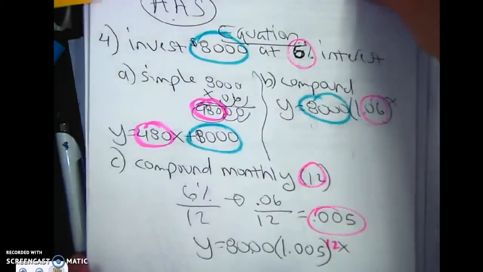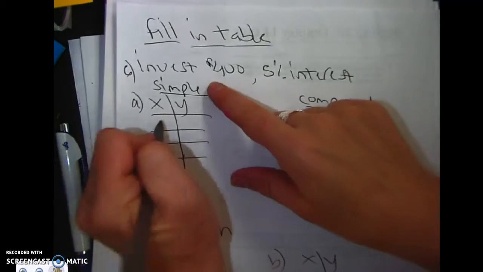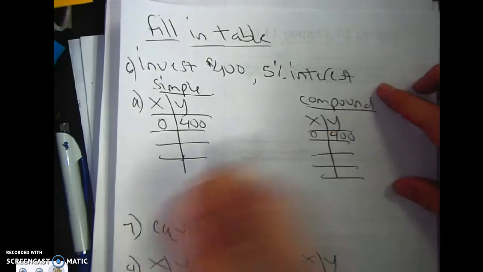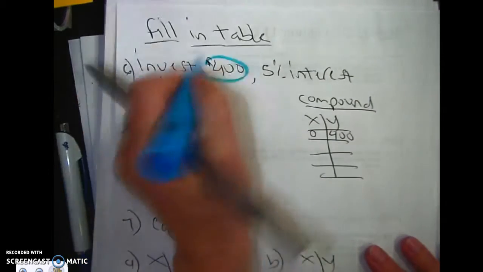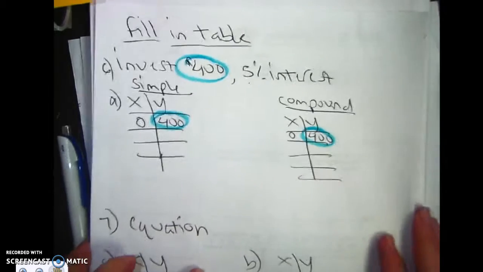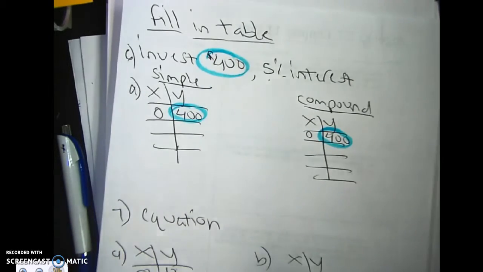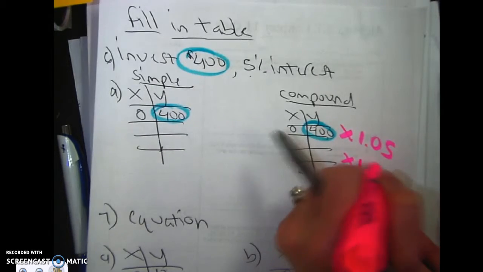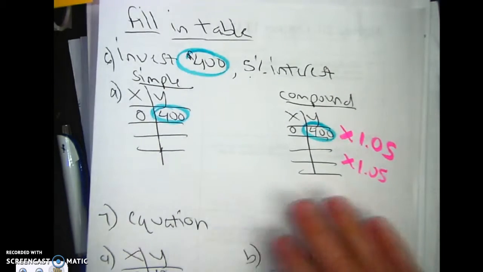Okay, let's go to the next one. This time I want you to fill in the table. If it's simple, 0, 400, same. So the start is there. When it's compound, it's times 1.05, times 1.05. So I will do that.